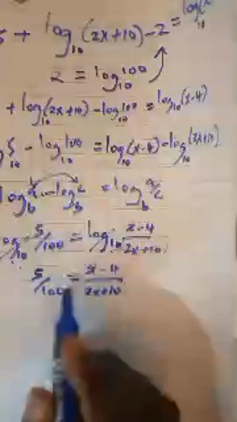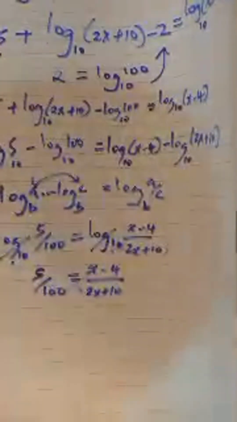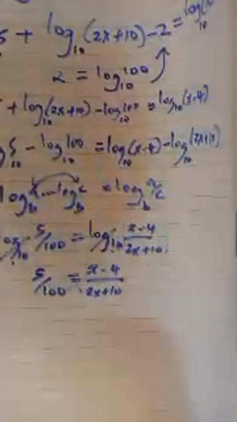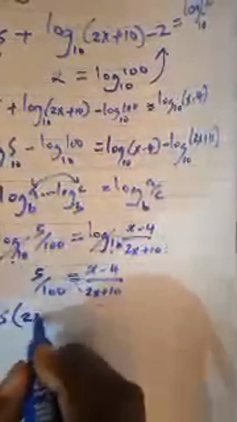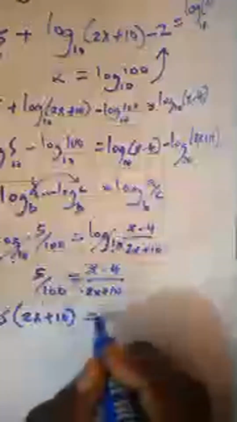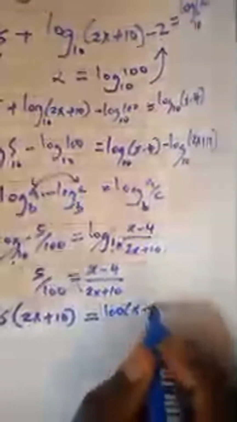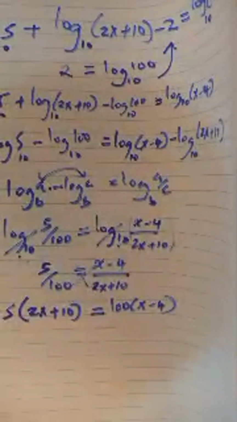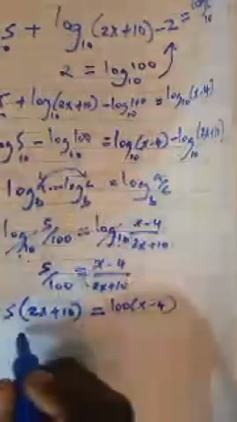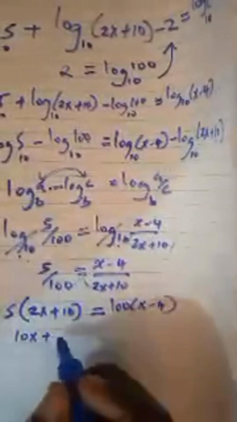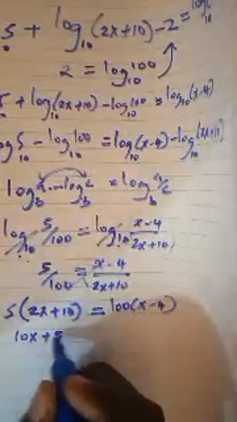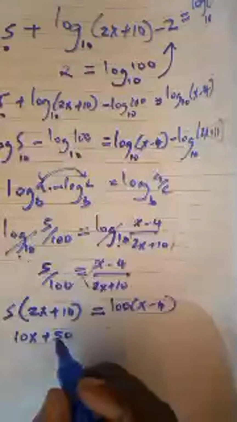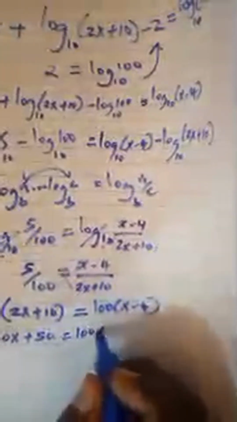So let's continue. I'll cross multiply. If I cross multiply, I'll have 5 times (2x plus 10) is equal to 100 times (x minus 4). So that means I'll have 10x plus 50 should be equal to 100x minus 400.